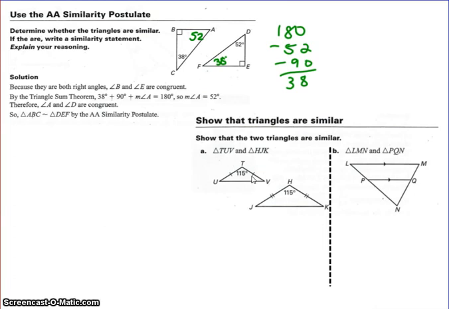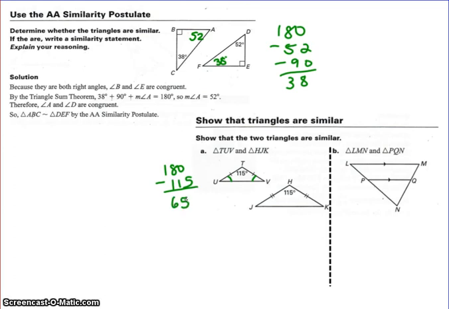Alright, so let's take a look at this right here. What I have here is an isosceles triangle where this is 115. I know that the base angles of an isosceles triangle must be congruent. So 180 minus 115 leaves me with 65 degrees.